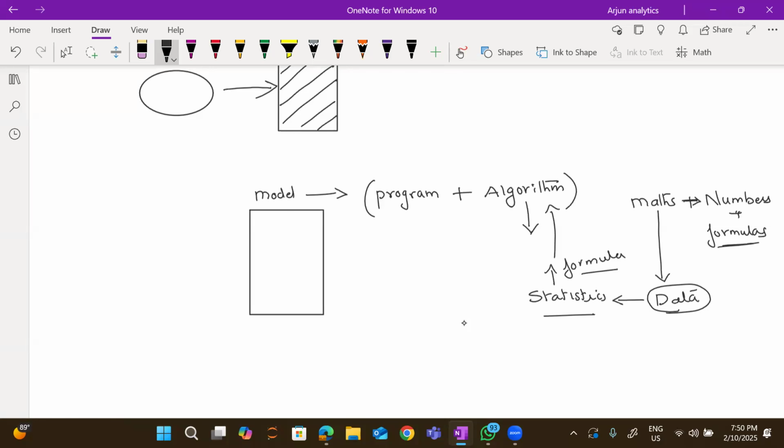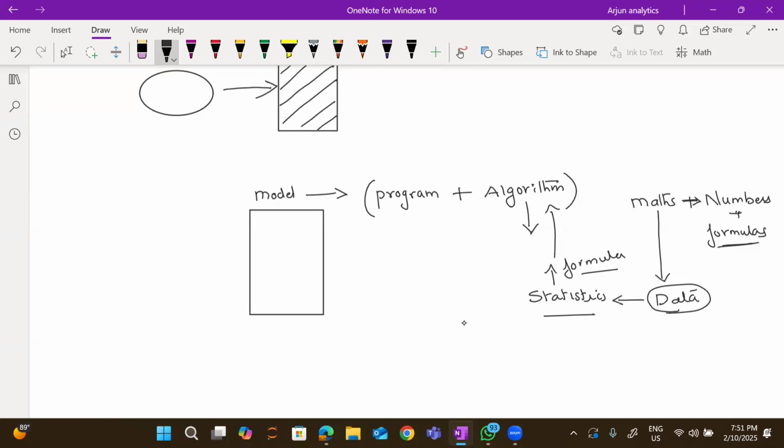In order to implement this formula, we have to do some pre-processing steps. This is called an algorithm. That's why the algorithm is defined as the step-by-step process to follow to implement a statistical formula. Okay, is it clear? What is the program? What is the model? Model is nothing but the program based on algorithm. Algorithm is nothing but the step-by-step process involved to implement the statistical formula.